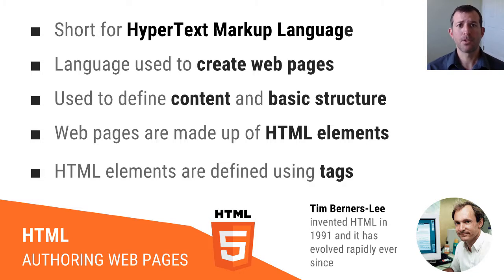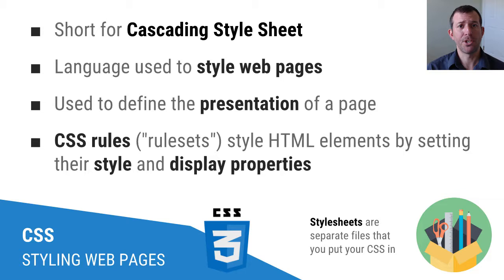HTML was invented by Berners-Lee and is short for Hypertext Markup Language. HTML is the language used to create web pages. Web pages are built or made up of HTML elements. Elements are placed into a web page using what are called tags. CSS, which is short for Cascading Style Sheet, is the language used to style web pages written in HTML. So CSS focuses on the presentation rather than the content and structure.